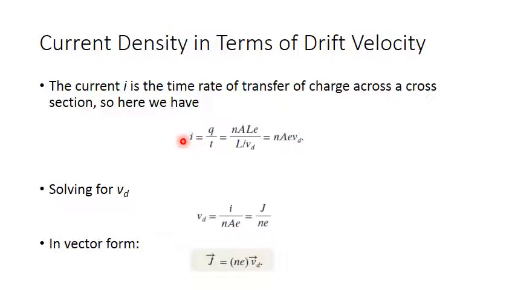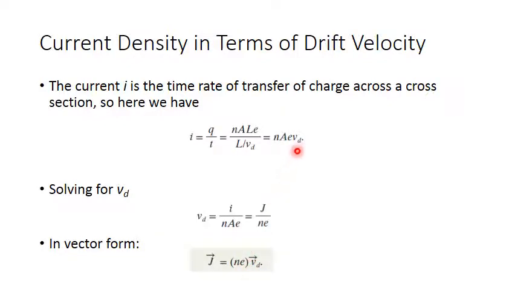If I'm talking about the current density, it would be I over area. So the current density J would be N, the number of carriers per unit volume, multiplied by the charge of each carrier multiplied by the drift velocity: J = N e Vd.